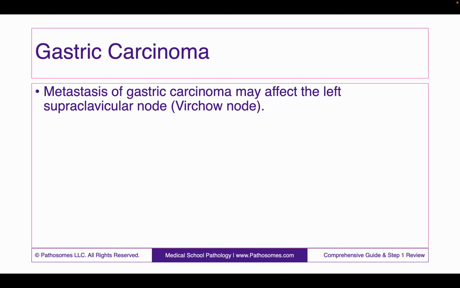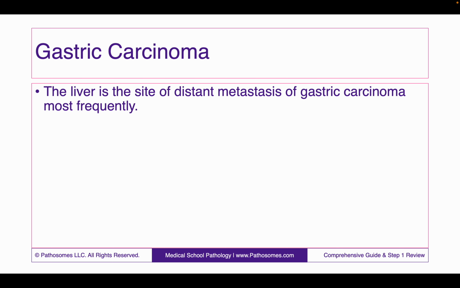Metastasis, if it occurs, of gastric carcinoma may typically affect the left supraclavicular node, the Virchow node, okay? And keep in mind that the liver is the site of distant metastasis of gastric carcinoma most frequently.